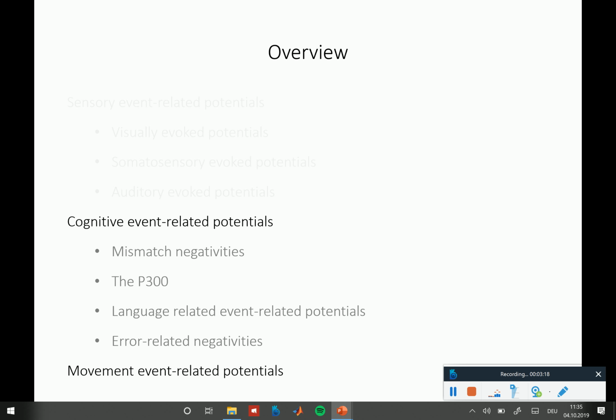And these cognitive event-related potentials, like we discussed in the history section, they generated interest in the 1960s, and since then have been around.